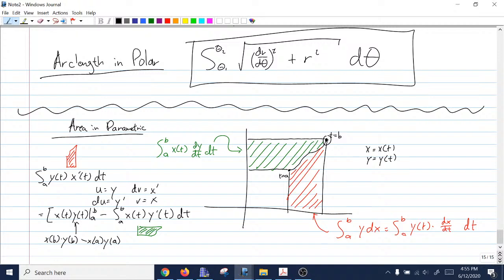If you multiply that x-coordinate and the y-coordinate, you get the area of the big rectangle minus the area of the little rectangle. So the integral by parts formula tells us that the red thing equals the whole L-shaped thing.